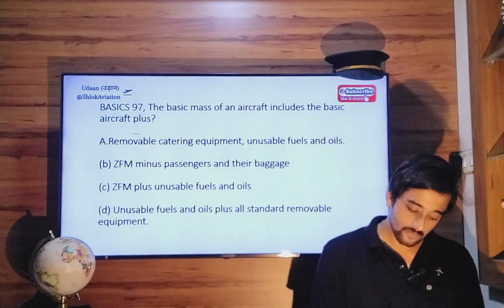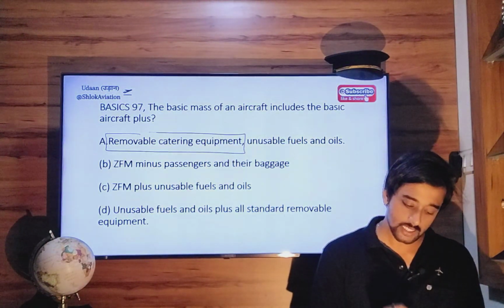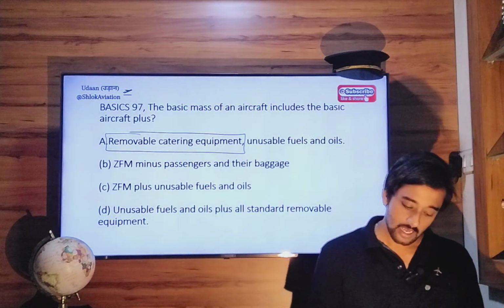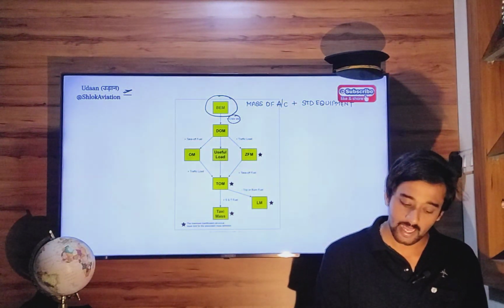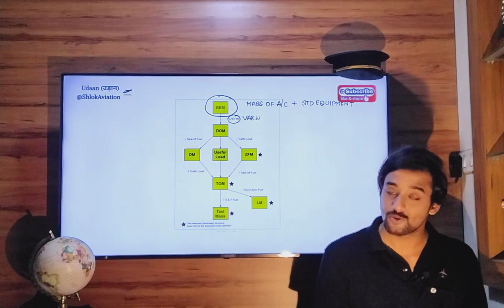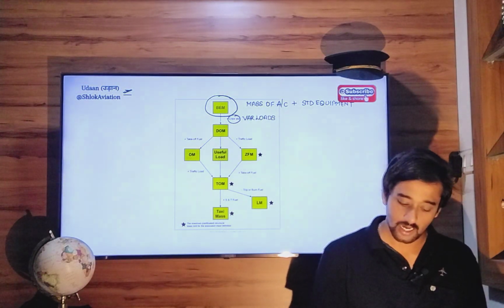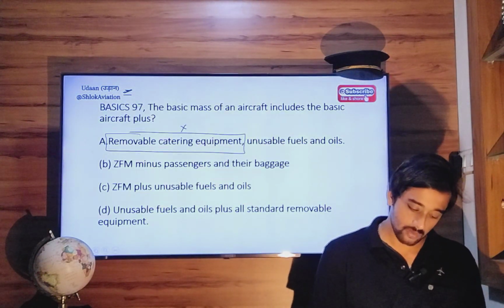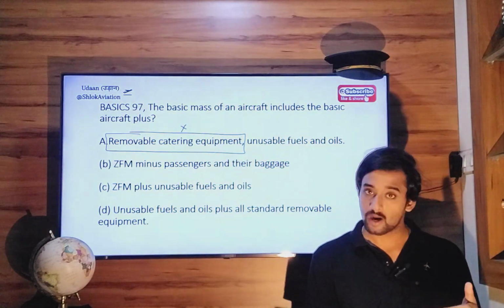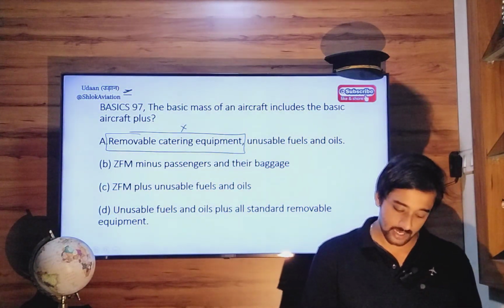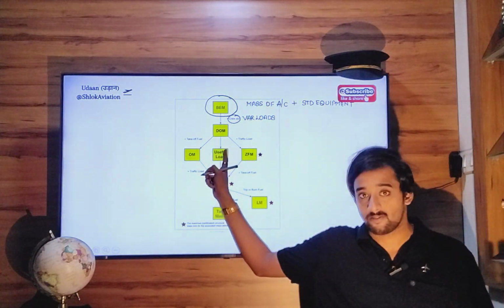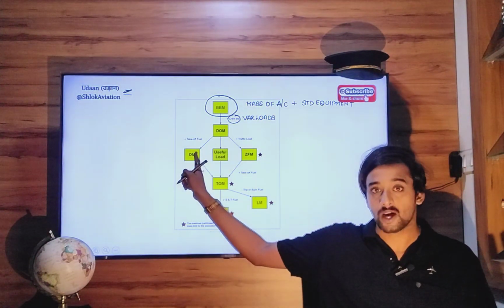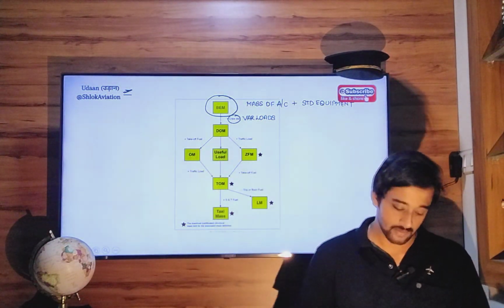So this part of the statement is wrong. Removable catering equipment belongs to variable loads, not the basic empty mass. So Alpha is wrong. Zero fuel mass minus passengers and their baggage means traffic load or payload gives you dry operating mass, not the basic empty mass.